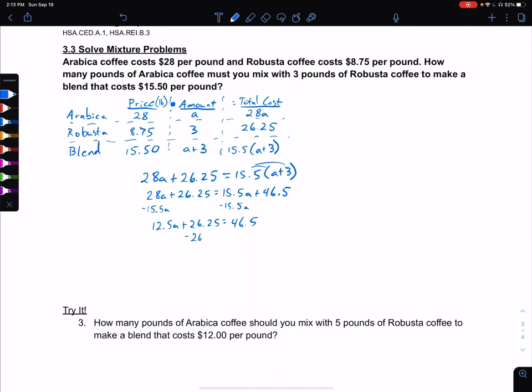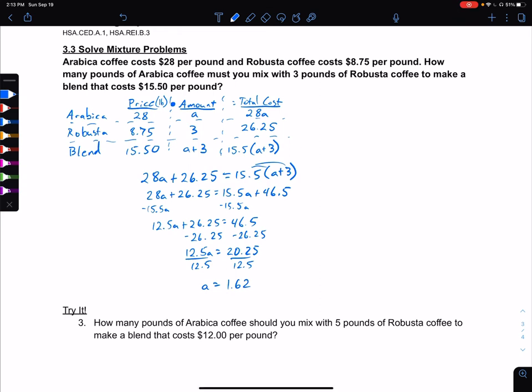Then I'm going to subtract 26.25 from each side. So 12.5A is equal to, what is this equal? 20.25. And then we would divide by 12.5. So A would be equal to, I already have this worked out, 1.62.